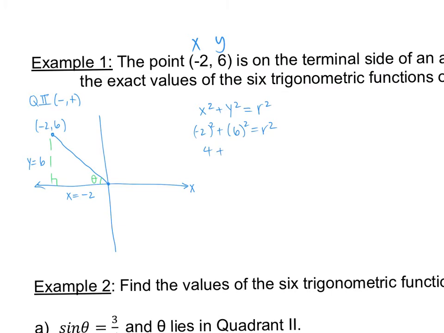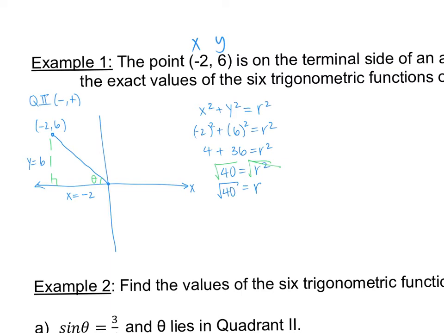And so if I'm solving this out, get 4 plus 36 equals r squared. This would be, oops, I'm getting ahead of myself, 40 equals r squared, but I have to take a square root to get rid of the squares. So r is equal to the square root of 40.